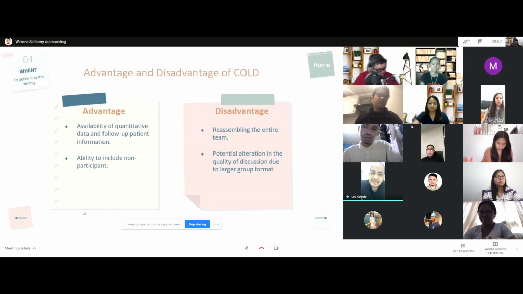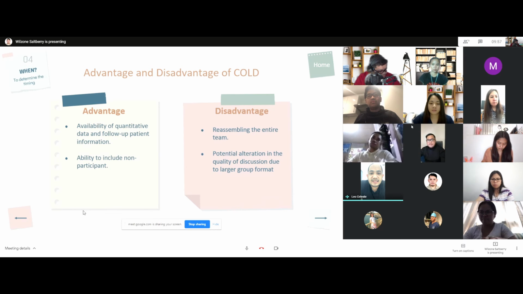Next are the advantages and disadvantages of cold. The first advantage is the availability of quantitative data and follow-up patient information and care. Next is the ability to include non-participants. The disadvantage is reassembling the entire team, and a potential alteration in the quality of discussion due to the larger group format.